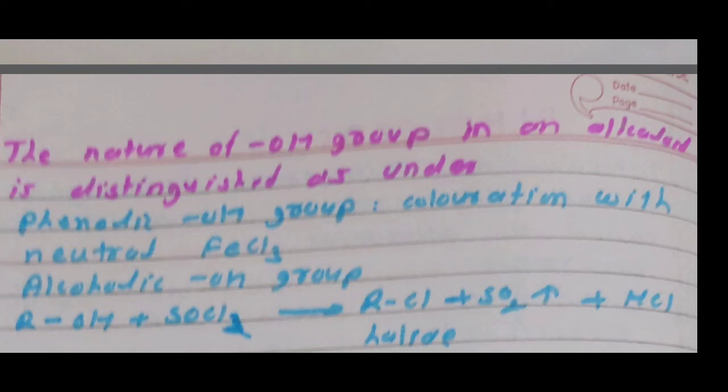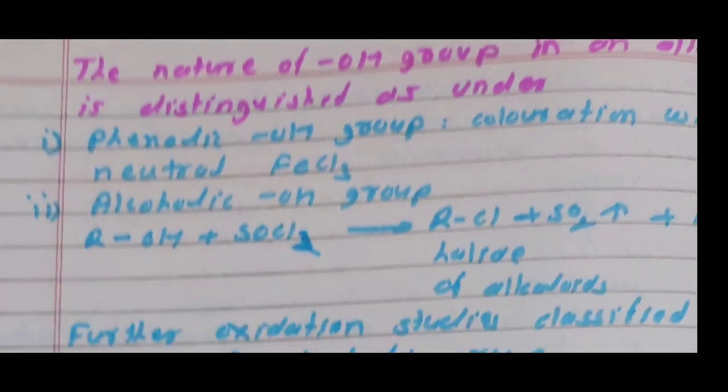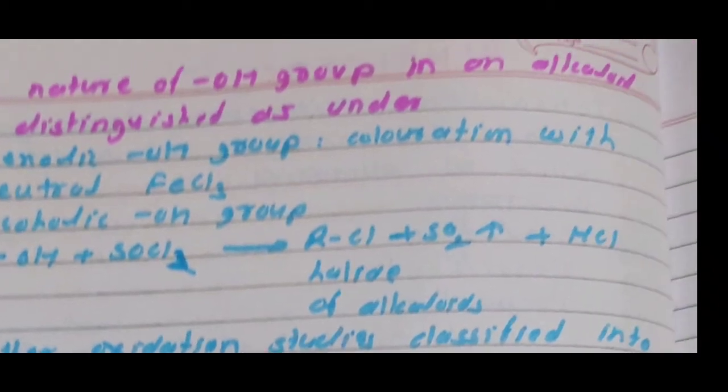Then in case of alcoholic OH group present in alkaloid, reaction is like this: ROH plus SOCl2 thionyl chloride, it gives RCl, that is halide of alkaloid, plus SO2 plus HCl.